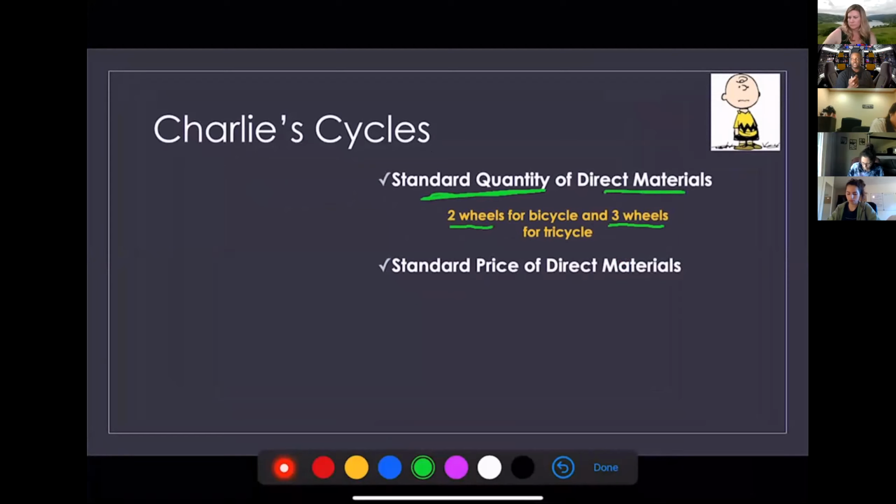We also had to know what's our standard price. And so for Charlie Cycles, standard price was $3 per wheel. So if you were working on Charlie Cycles, you already know this information. And if you worked on one of the other 3, you can note this information down.